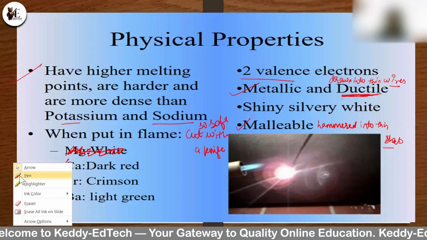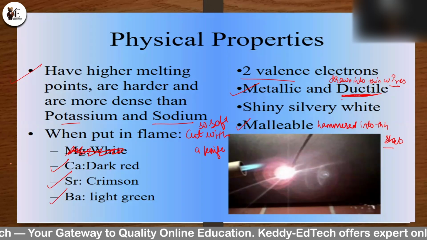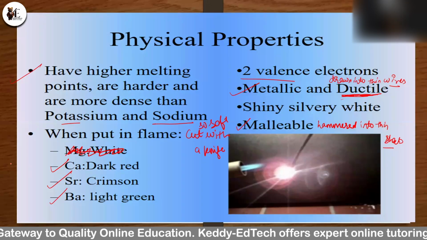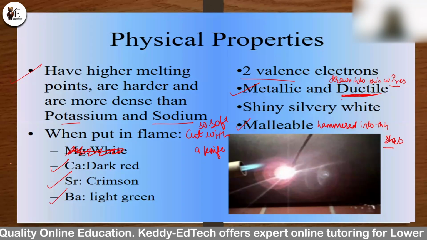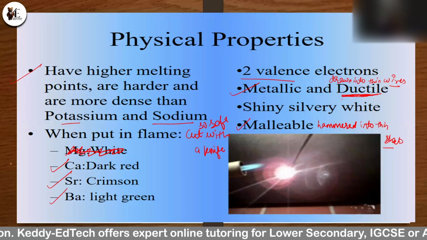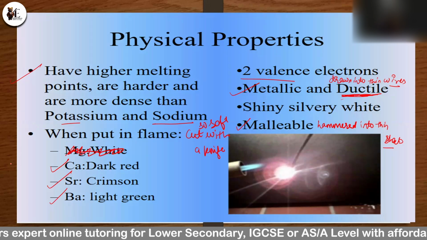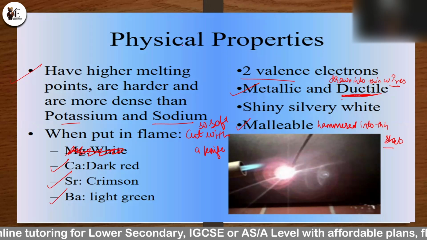Yes. Silvery white, right? Yes. Malleable. Then on the left-hand side, they have high melting points, are harder and are more dense than potassium and sodium, right?